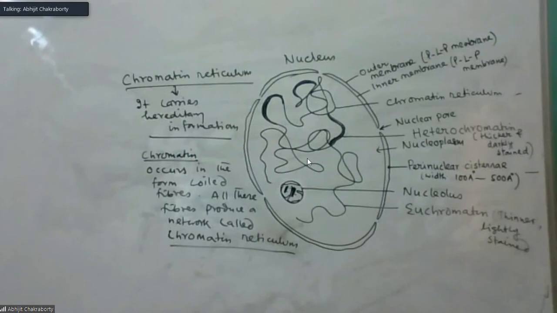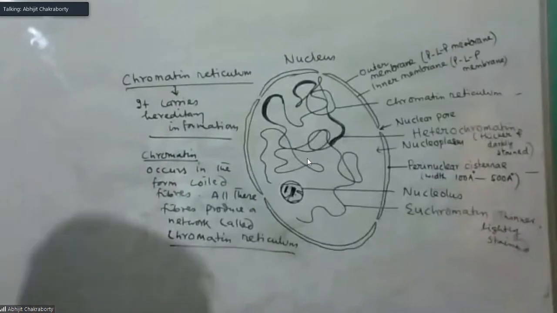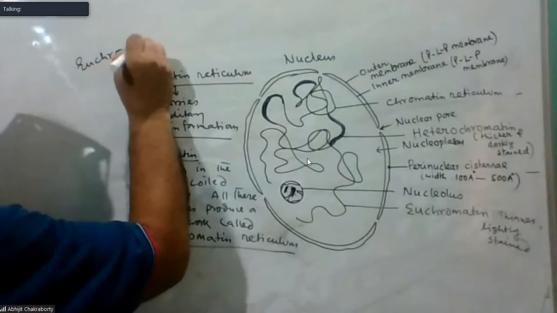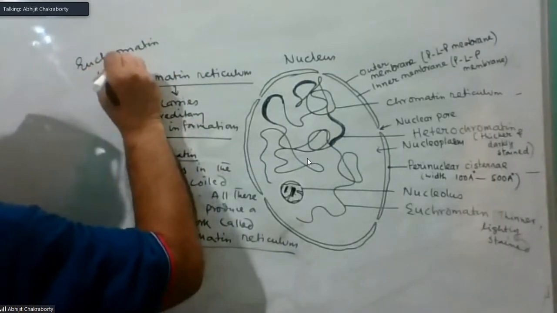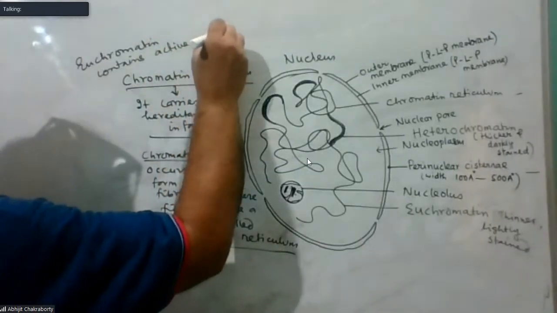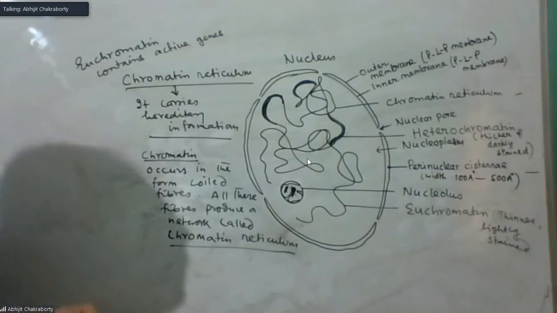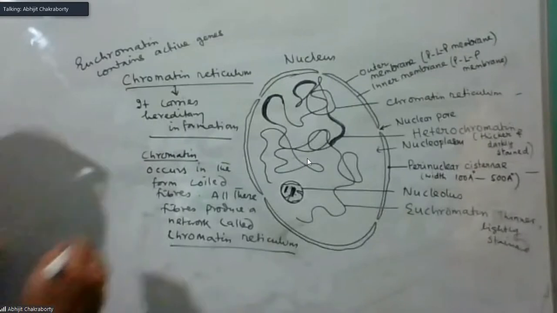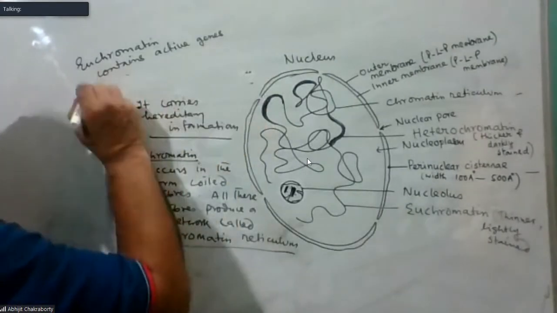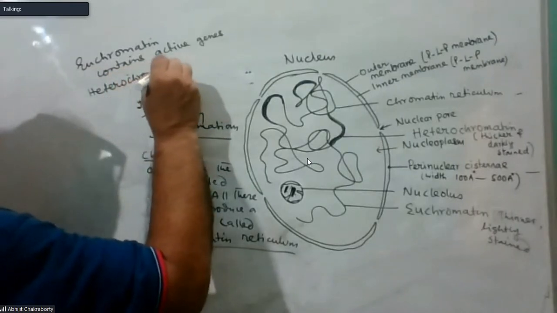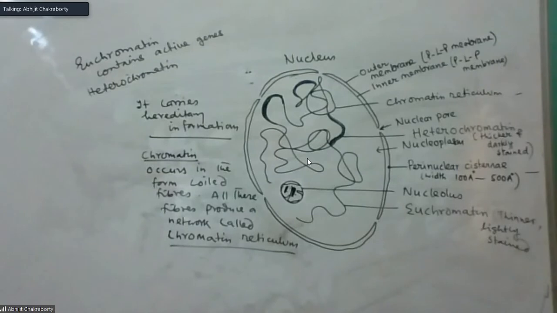The next point of difference is that euchromatin contains active genes, and heterochromatin doesn't actually contain any gene.